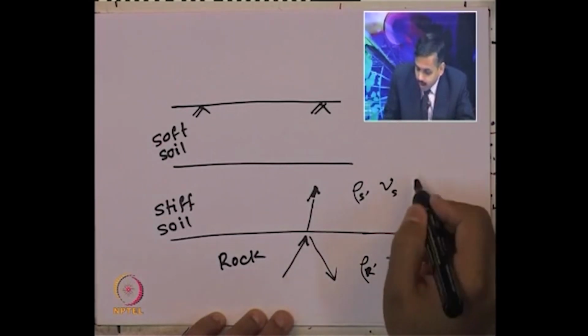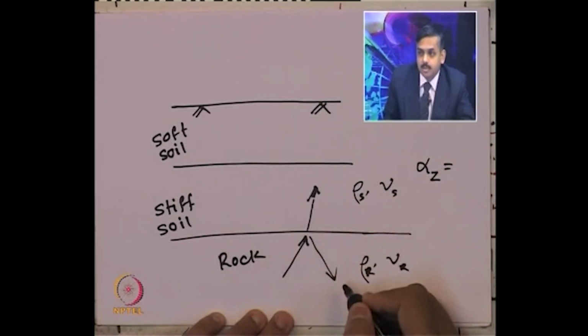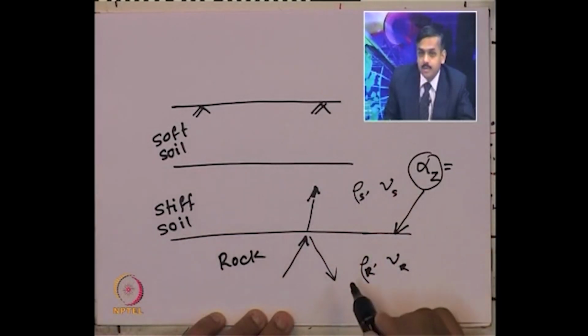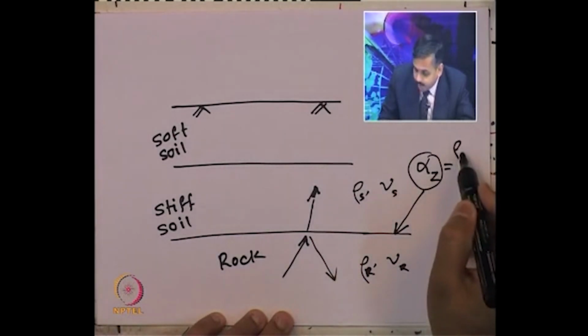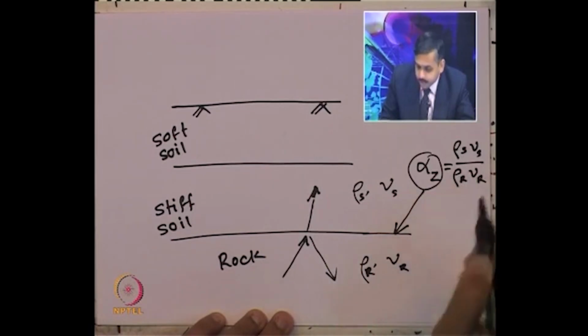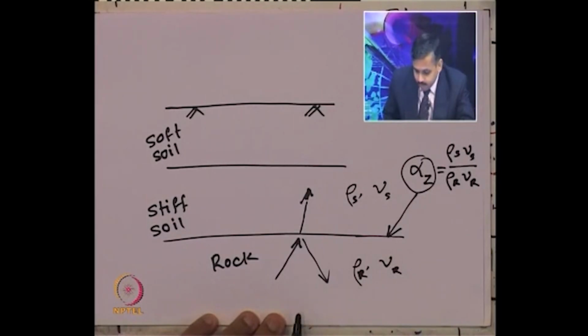So, when we are talking about this alpha z between these two layers, it is rho of soil, V of soil by rho of rock, V of rock, because generally these waves are coming from here. So, this is our material 1 and this is material 2. That is what we have seen in this slide.